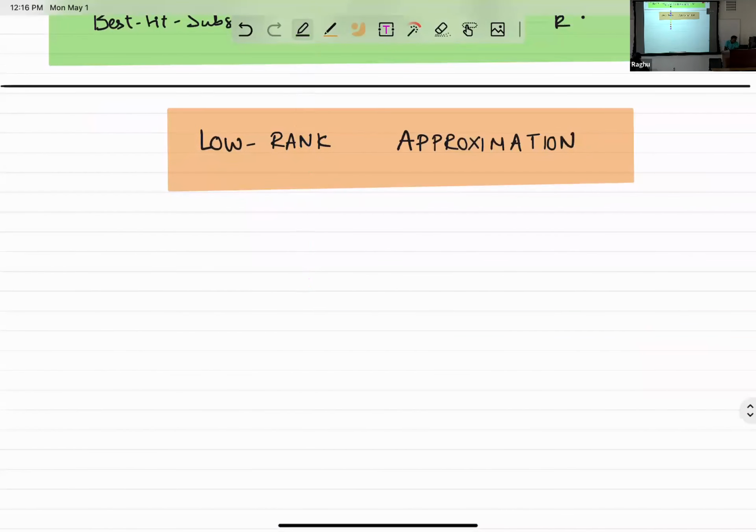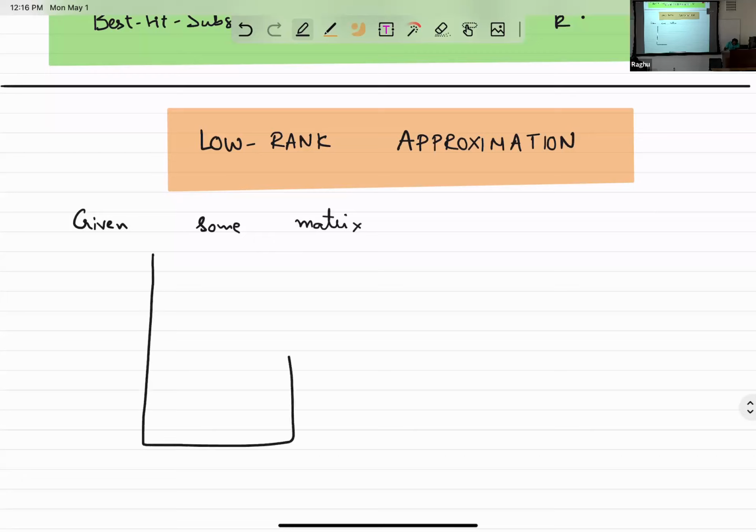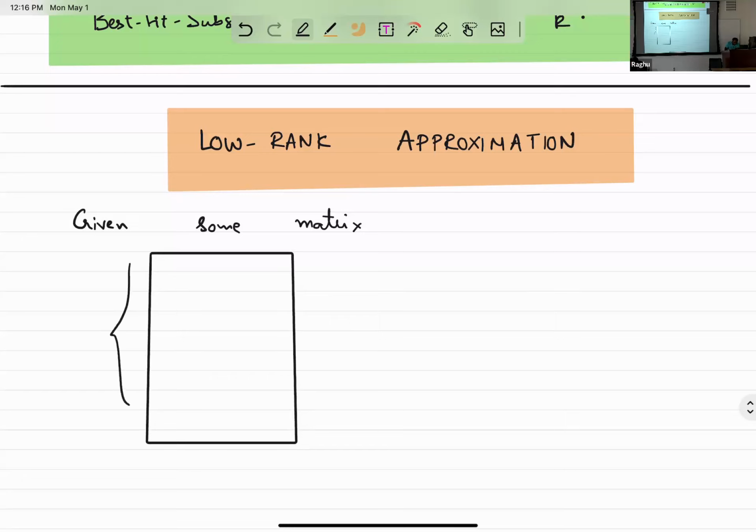All right, it's a nice trick to keep in mind that you can choose a suitable basis to make your analysis easier. Now, what is a low rank approximation problem? As far as problems go, I think this is one of the most important ones within data analysis. So you're given some matrix. Imagine it has n rows and d columns.